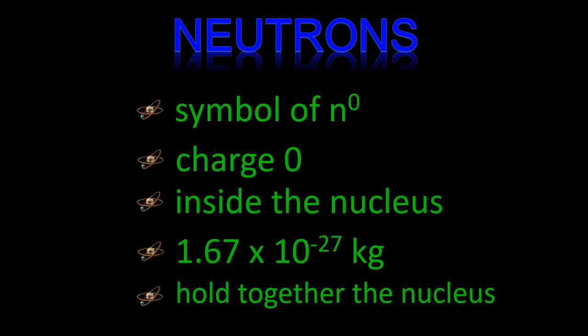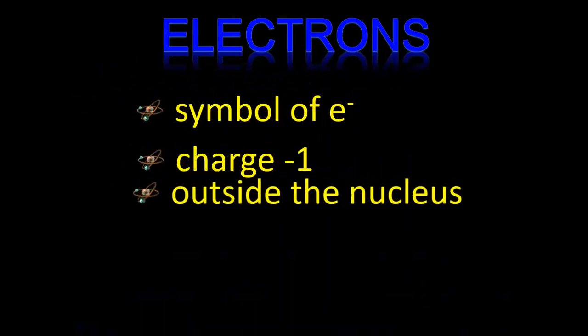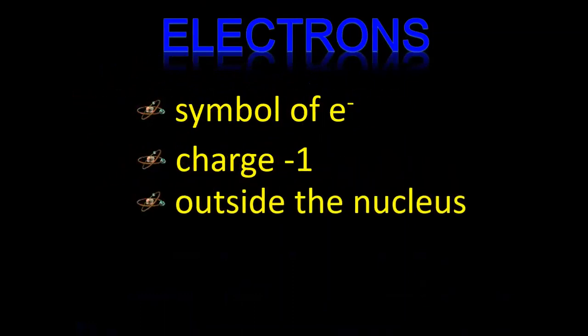All right. Okay, so that's the protons, the neutrons, and now the last thing is the electrons. Now, electrons have a -1 charge, and they are outside the nucleus. They're in the electron cloud.